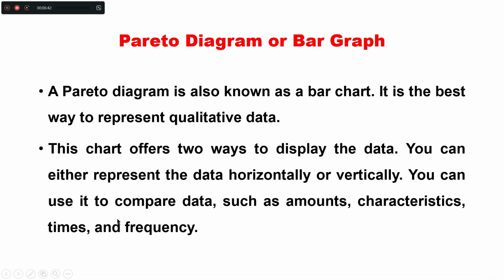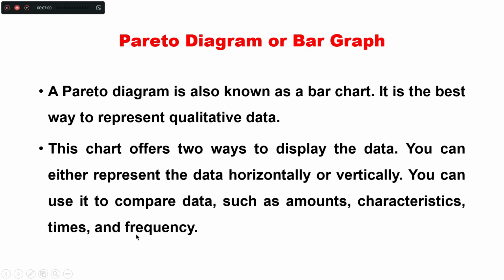You can take different time periods, like how the rate of gold changes, and represent that with a bar diagram, and the frequency, the number of people present in that particular data.